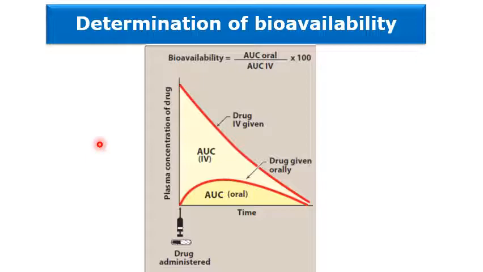To calculate the bioavailability, we have to have a reference value for the 100% bioavailable drug. This reference value is normally the IV administration of a drug, and then we can compare the area under the curve resulting from any route other than IV with the reference value following IV administration.